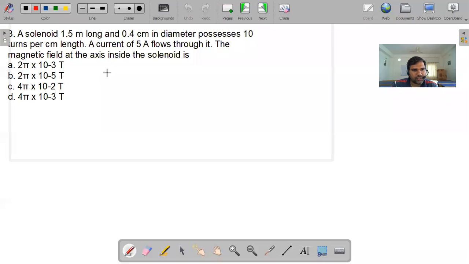The next question: a solenoid 1.5 meter long and 0.4 centimeter diameter possesses 10 turns per centimeter. So the number of turns is 10 per centimeter; convert into meter, 10 by 1 into 10 power minus 2 meters. So take it to the numerator, it will become 1000.